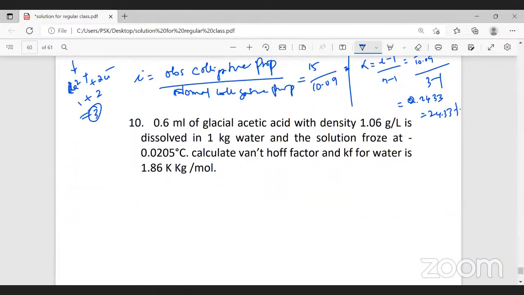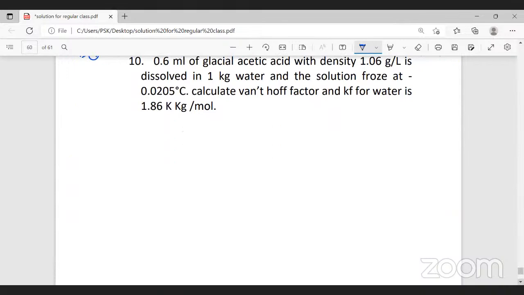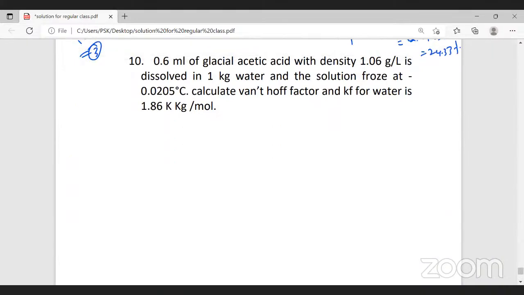So the next problem: 0.6 ml of glacial acetic acid with a density of 1.06 gram per ml is dissolved in 1 kg water, and the solution freezes at minus 0.025 degrees Celsius. Calculate the Van 't Hoff factor, where Kf of water is 1.86 Kelvin kg per mole.